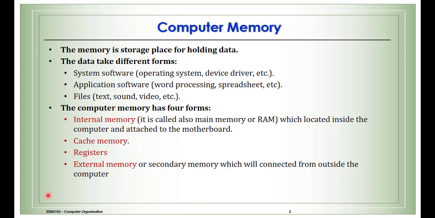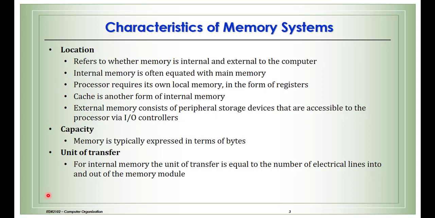It is either internal memory, meaning it's inside the computer, or cache memory or registers, or external memory or secondary memory that could be attached to the computer from outside. There are some characteristics for the memory system, like the location, and location means whether the memory is internal or external to the computer.